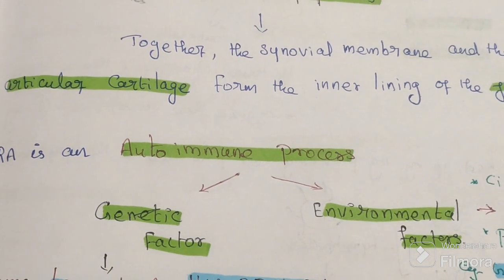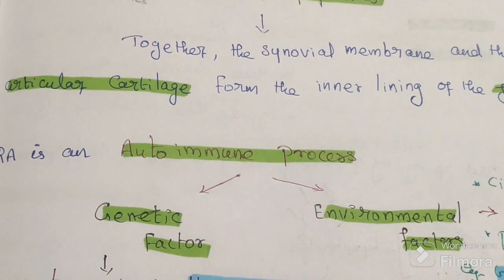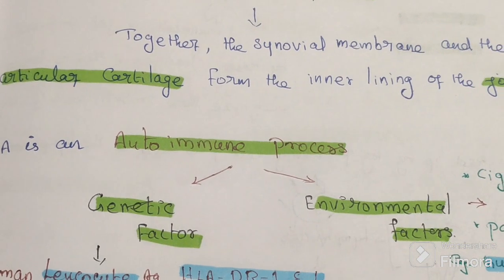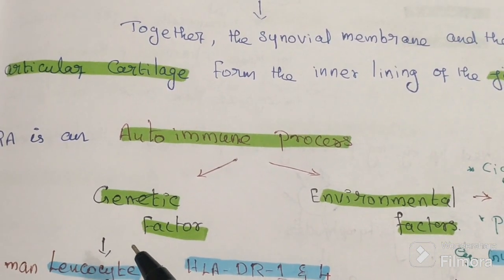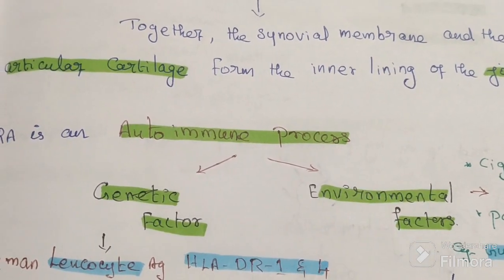Rheumatoid arthritis is an autoimmune process that is typically triggered by an interaction between genetic factors and environmental factors.